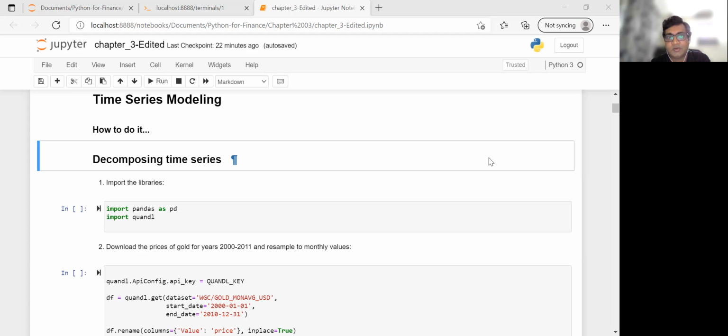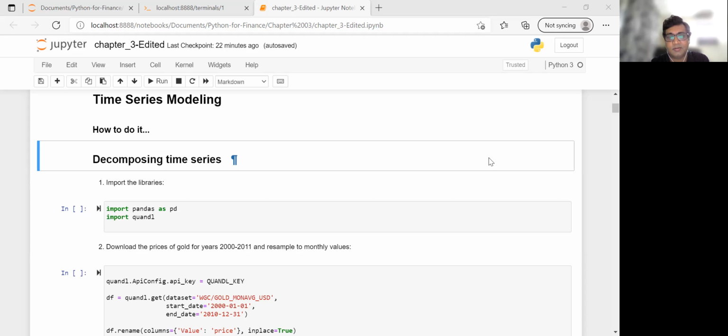The idea here is to understand more about the forecasting aspect of it, but before that we also need to understand the assumptions behind time series. Since this is more of a Python course, our focus is on Python code. So I'll be starting with the usage of different Python libraries so that you can come up with better analysis.